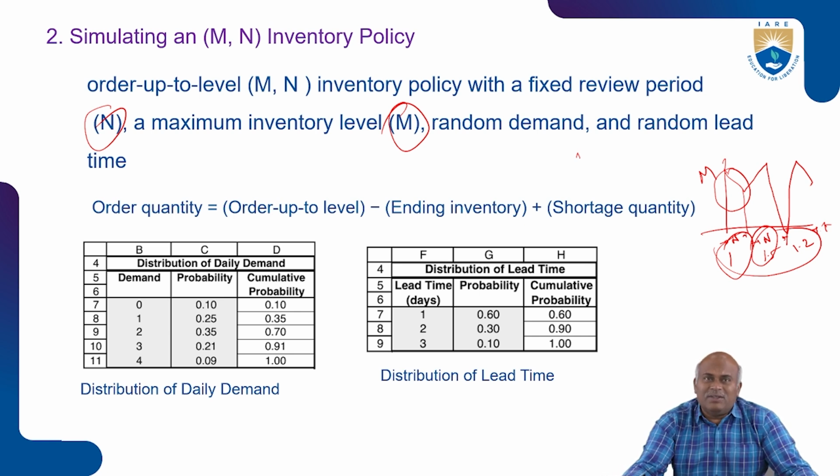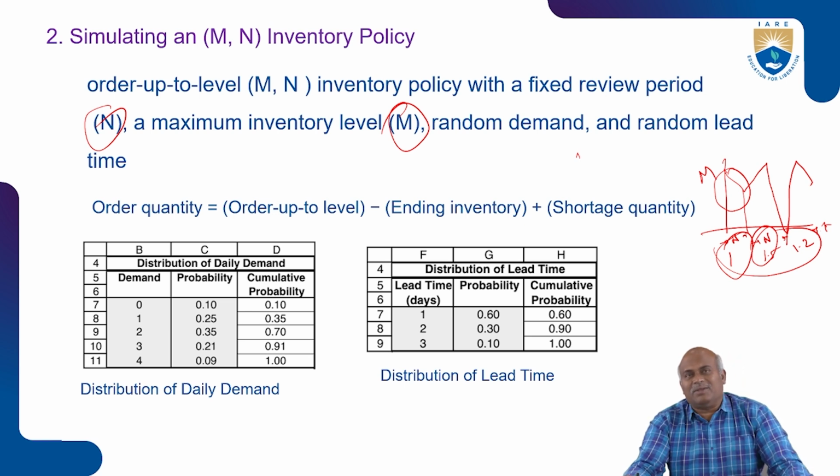So first is the order-up-to level. Whichever level you choose, you have some decision to make on how much to order: order up to level, minus the ending inventory. What inventory is going to be left at the output? The ending inventory always needs to be there, then the shortage quantity. Which items are going to be short in the system? That also needs to be measured.